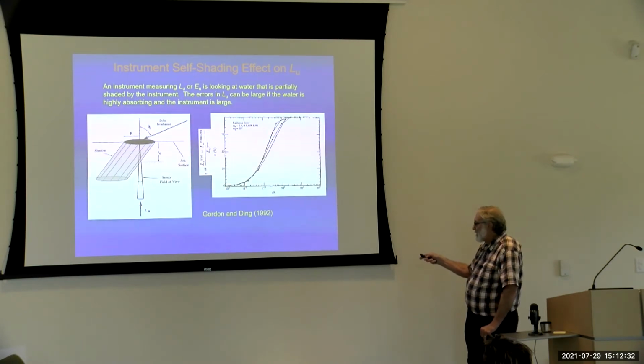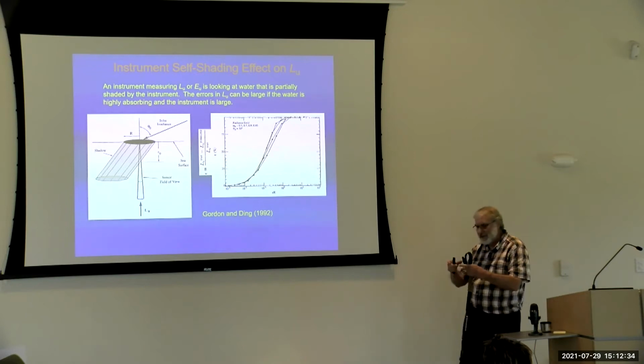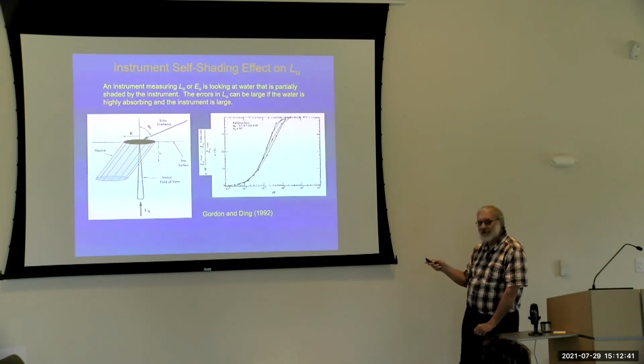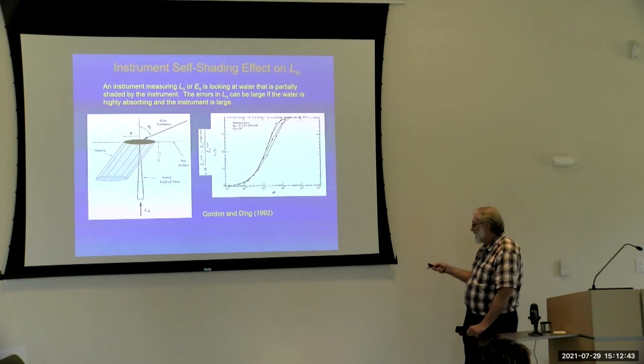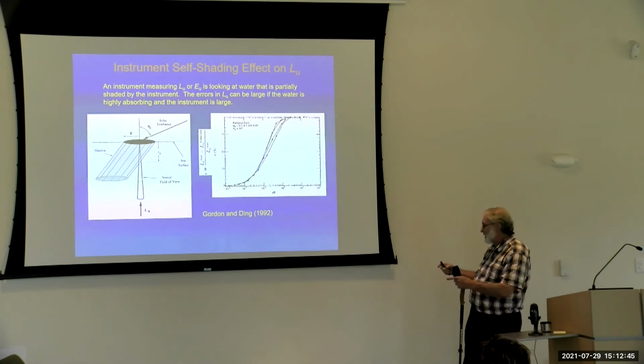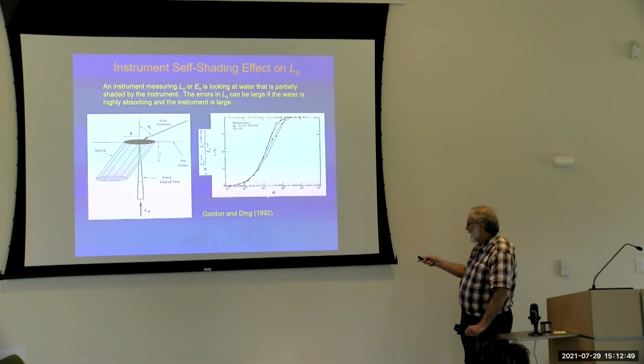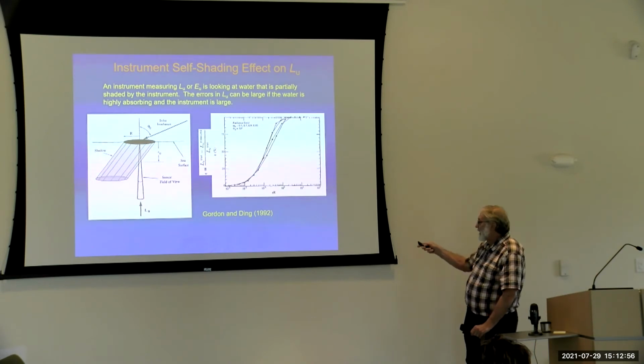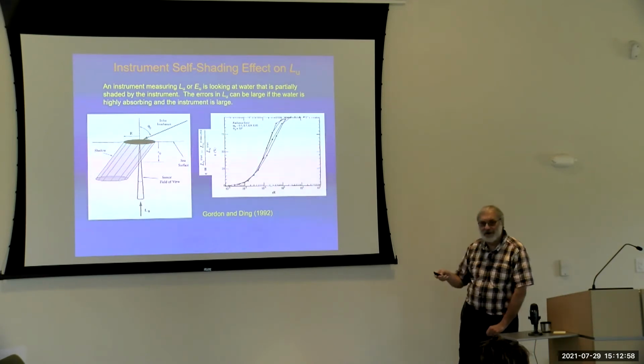So I can have an A of 1 and a radius of an instrument of 10 centimeters. Well, then come up to 0.1 and bingo, 25% error due to self-shading. If I had an instrument that was this big around and a higher absorption coefficient at that particular wavelength, so AR is 1, now I'm looking at 75% error just due to self-shading.